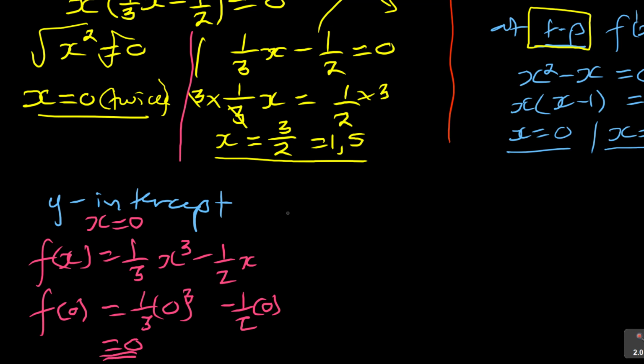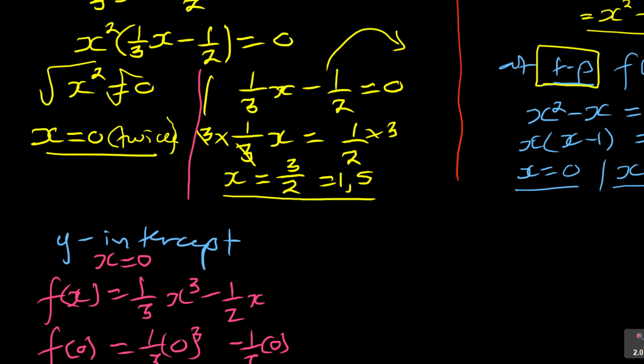Now if I'm to write these in coordinates form, remember, how do you write coordinates form? I'm going to write them like this: when x is 0, y is 0 twice. We say it twice. And then when x is 1.5, y is 0.